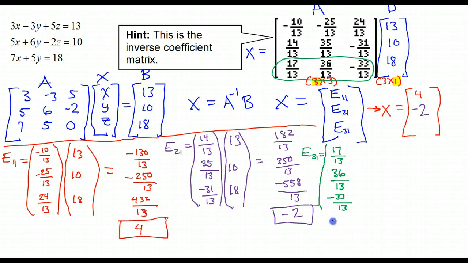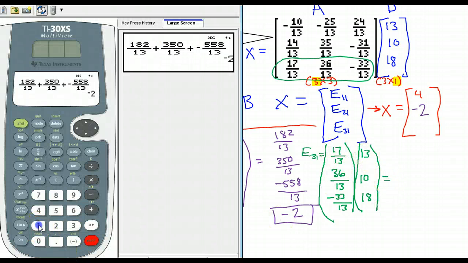Okay, that is row 3 times column 1, 13, 10, and 18. Hmm, 17 times 13. Let's check it out. 17 times 13. That's 221.